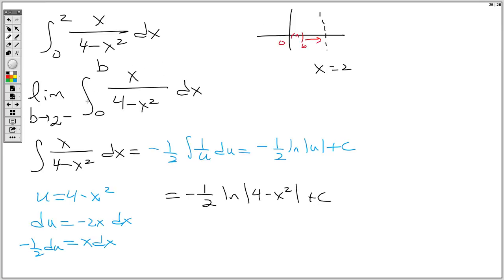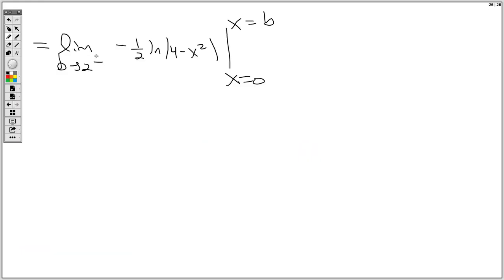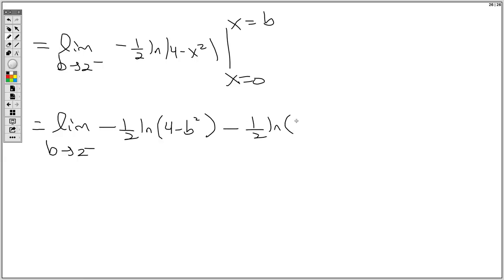So once again, I'm integrating this function from 0 to some value b, and looking as b comes into 2 from the left. Since b is coming into 2 from the left, once again I'm plugging in numbers a little less than 2. That means when I square them I get things a little bit less than 4, which means that this would be positive, so I don't need the absolute values anymore.